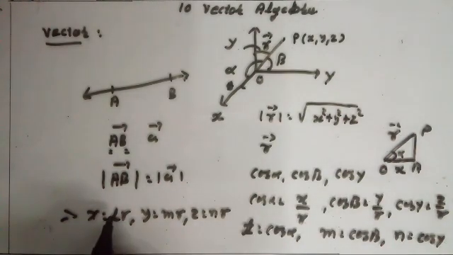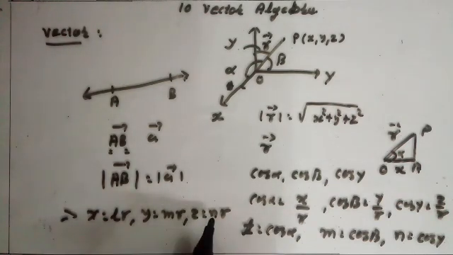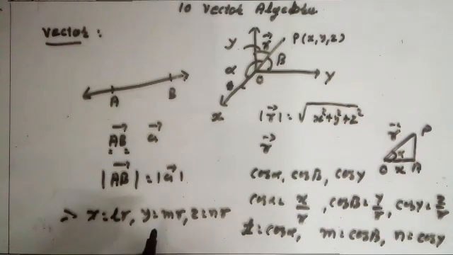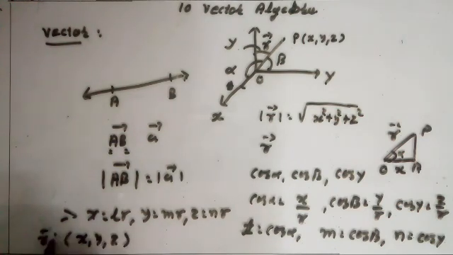Here x, y and z, that is LR, MR and NR, are called direction ratios. That is, for vector x, y, z, each component of the vector is a direction ratio.